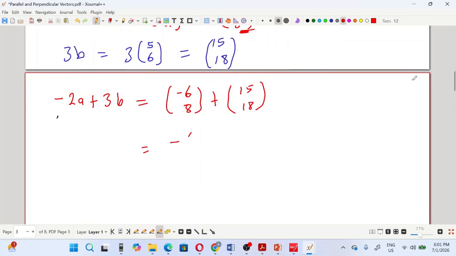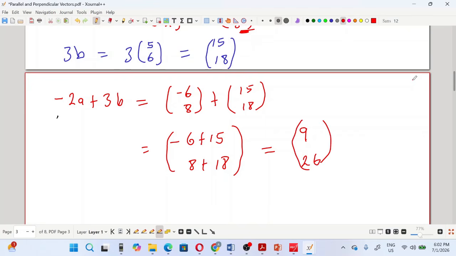So we now have -6 + 15, and then 8 + 18, which is going to give us 9 and 26. So it tells us that -2A + 3B is going to be equal to the column vector (9, 26).